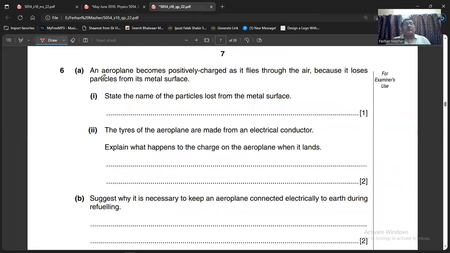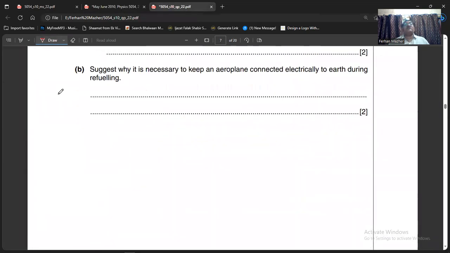Okay. So then we have question number 6b part. Suggest why it is necessary to keep an aeroplane connected electrically to earth during refueling. You see, when you refuel, the fuel also becomes charged when it flows in the pipes.